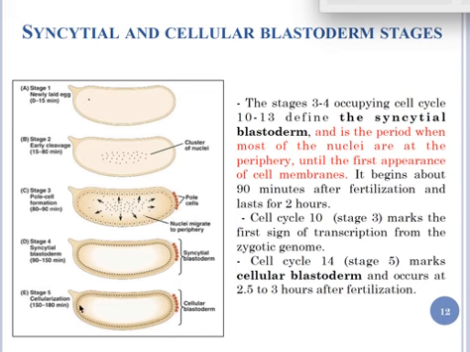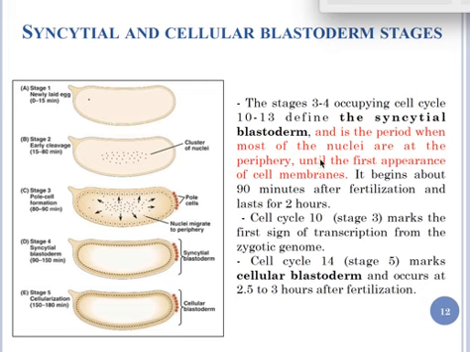This defines the cell cycle 14, called stage 5 here in this figure. And usually 2 hours and a half to 3 hours maximum after fertilization we reach the cellular blastoderm stage.